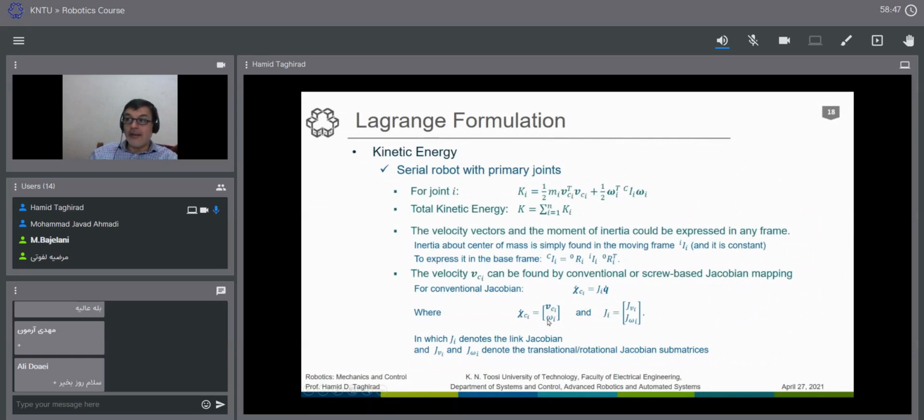And we know that in general, chi dot is a 6 by 1 vector, so to find a 6 by 1 here, we need a 6 by 6 Jacobian to be defined here. This 6 by 6 Jacobian has two components: the top part was J_vi, and the bottom part was J_omega_i.